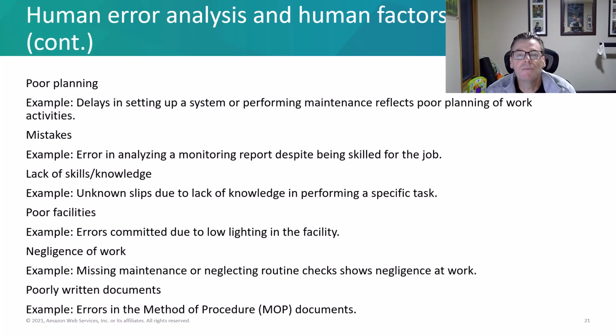Here are some examples. Poor planning, mistakes. Again, I'm not going to go through these. I'm sure most of you have already read this slide before I've gotten this far. So again, human error can lead to issues in the work quality, workload, which can lead to failures.